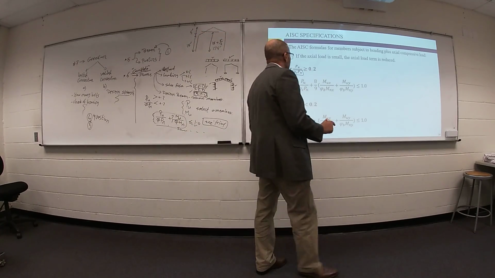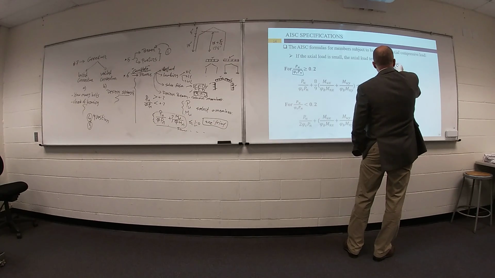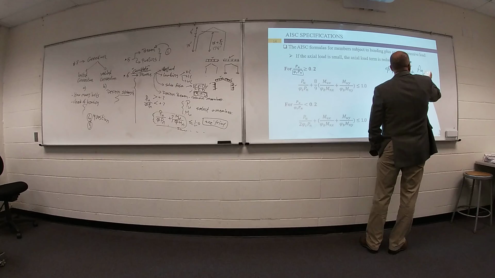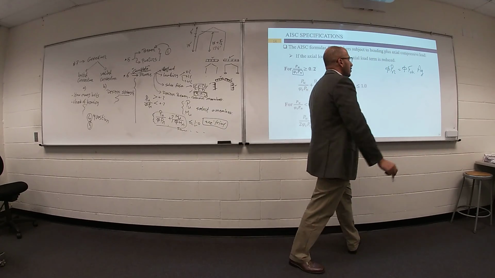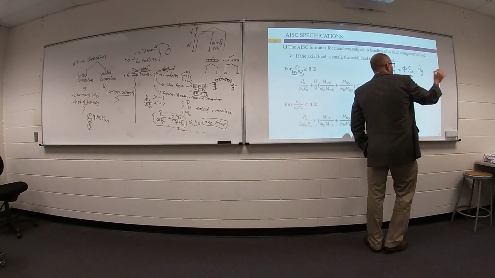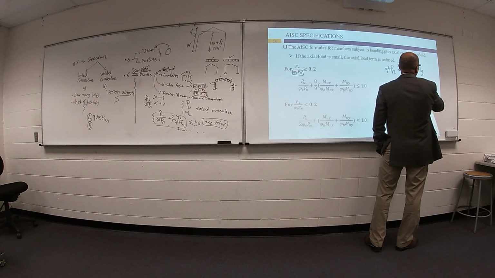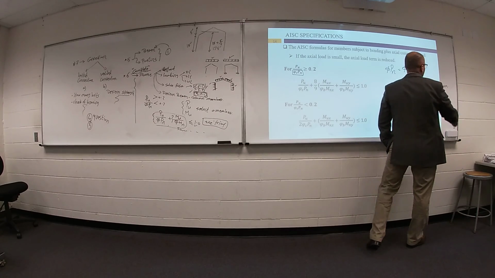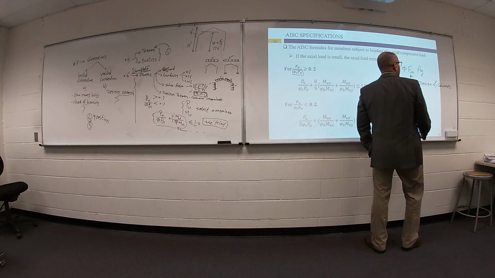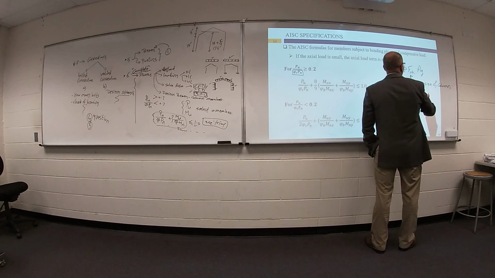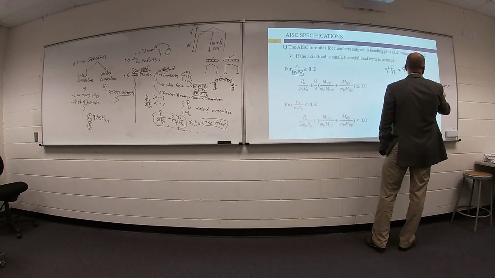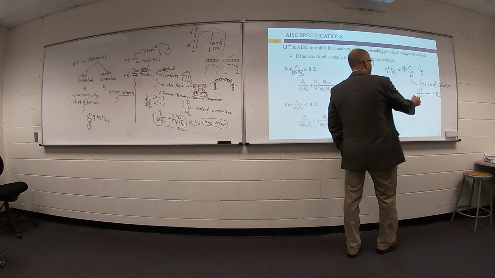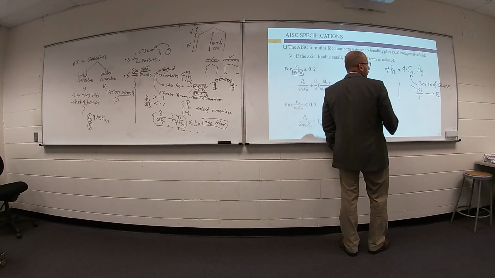Design of compression member: phi Pn equals phi F critical times area gross of your cross section. To get your F critical, open your table for design of column, and based on the value of KL over R, you can get your F critical from this table.